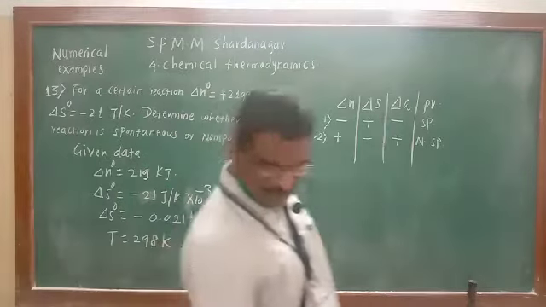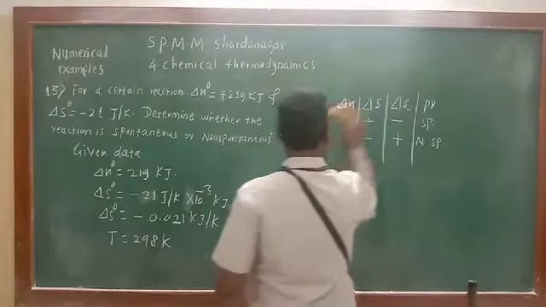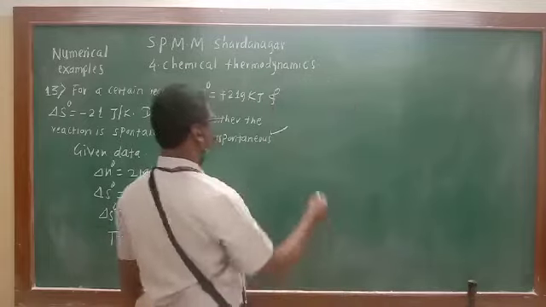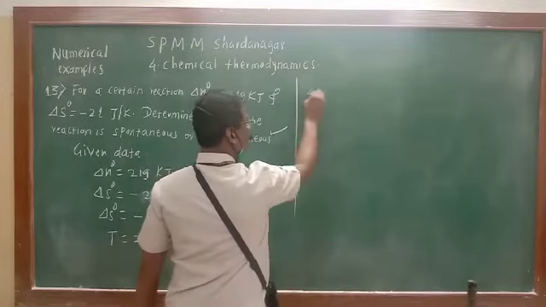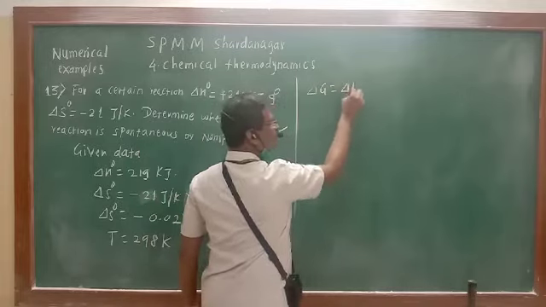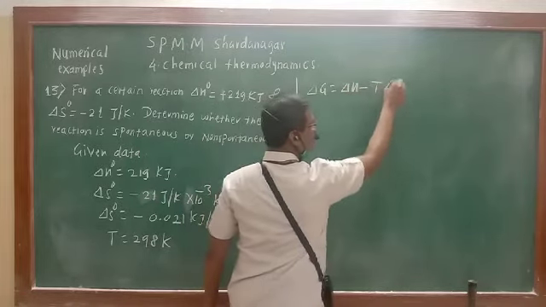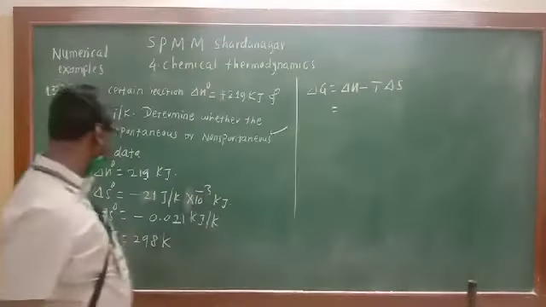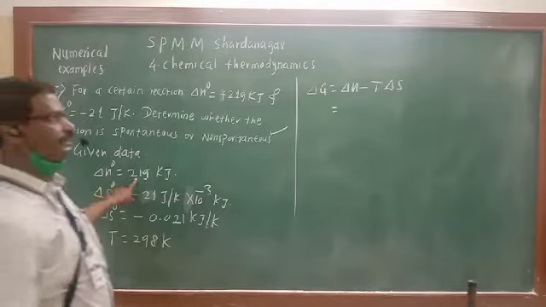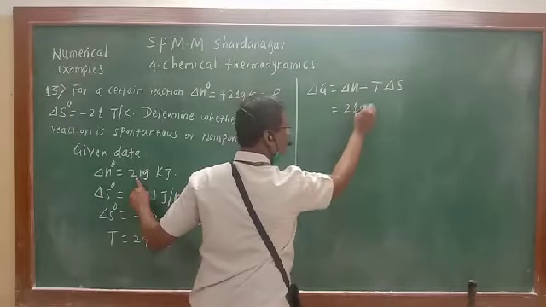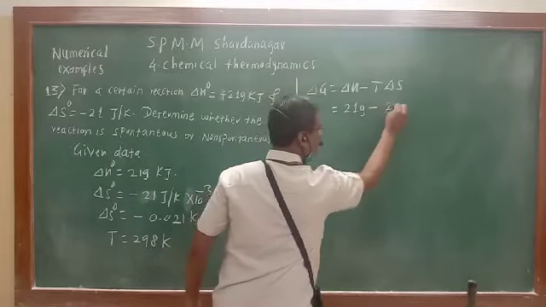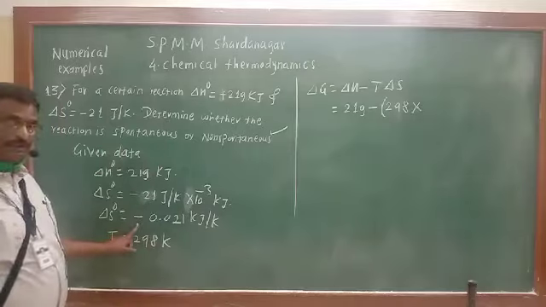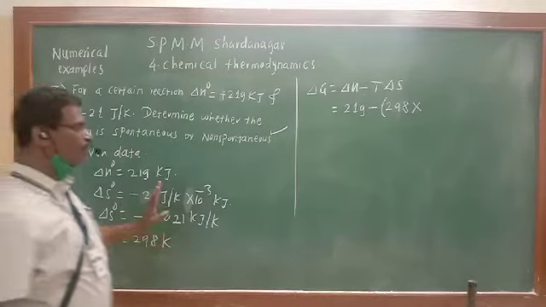So this is the data, and using this data we can calculate the value of delta G. Therefore, we know the equation of delta G. It is equal to delta H minus T delta S. Delta H given 219 kilojoule minus temperature 298 multiplied by delta S minus 0.021.